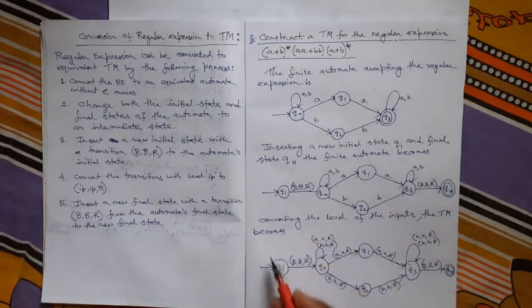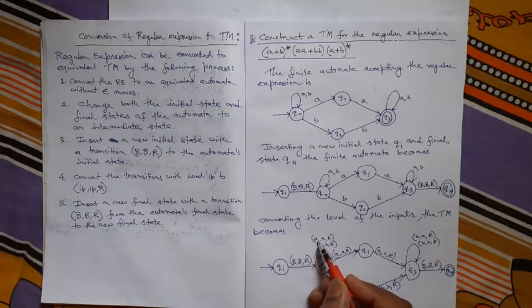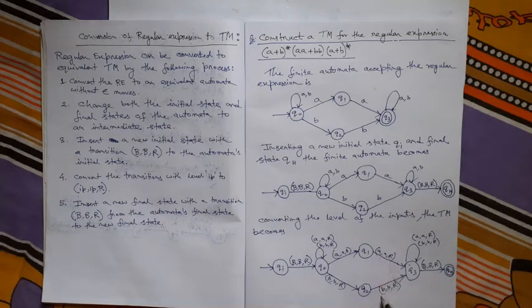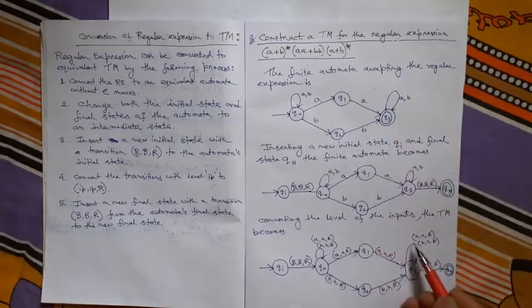You can see that blank R is already there. For this, A will be AAR, and for B it will be BBR. In the same way over here also AAR, BBR, and in Q3 the AB loop was there, so it is AAR and BBR.